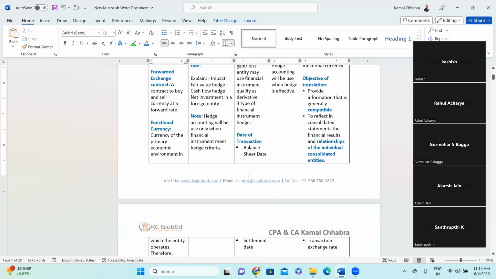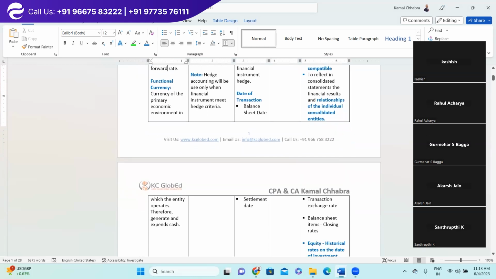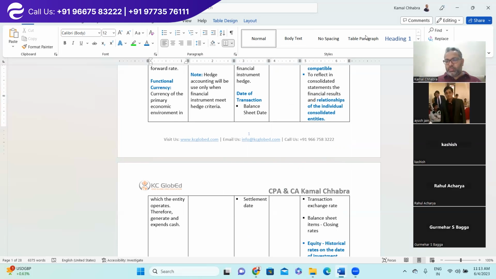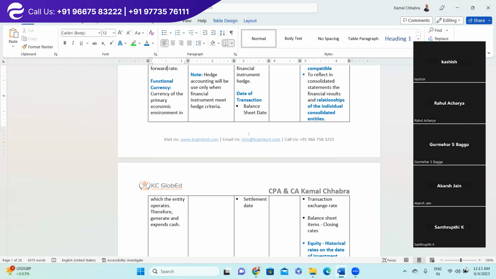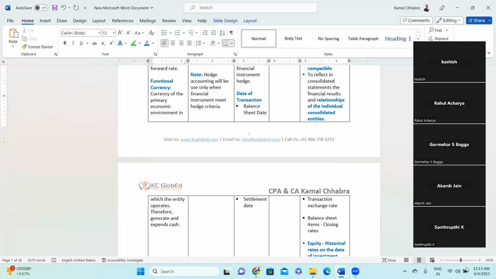Next one is functional currency. I think we discussed this earlier when we were discussing hyperinflationary economy. Do you remember what functional currency is? Yes, the functional currency is the currency in which a company or a country operates, in which we deal regularly. The currency in which the entity is basically operating, their main currency.